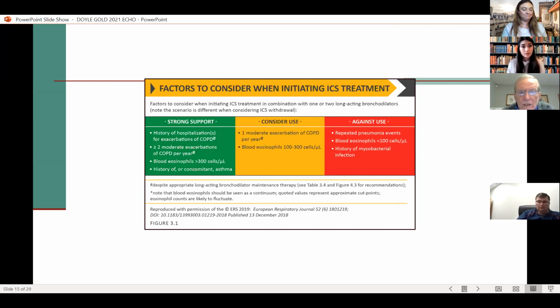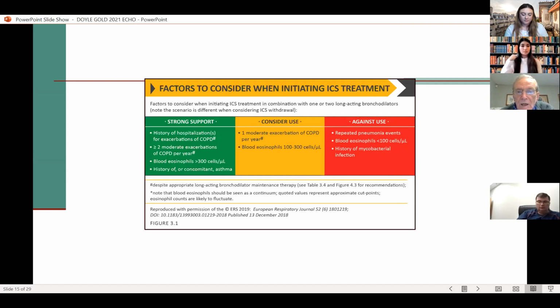So you have to look at your CBC differential, see what percent are eosinophils, then multiply that, like if it's 4%, 0.04 times their white blood count, and that will give you their blood eosinophil count. Usually if it's more than 3 or 4%, that's a reason to think about using ICS. Another really good reason is evidence of significant reversibility on their post-bronchodilator spirometry study.